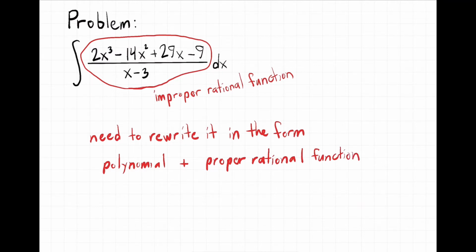So we can take any improper rational function and write it in this form as a sum of a polynomial and a proper rational function. Now, polynomials we know how to integrate. They're always easy to integrate.